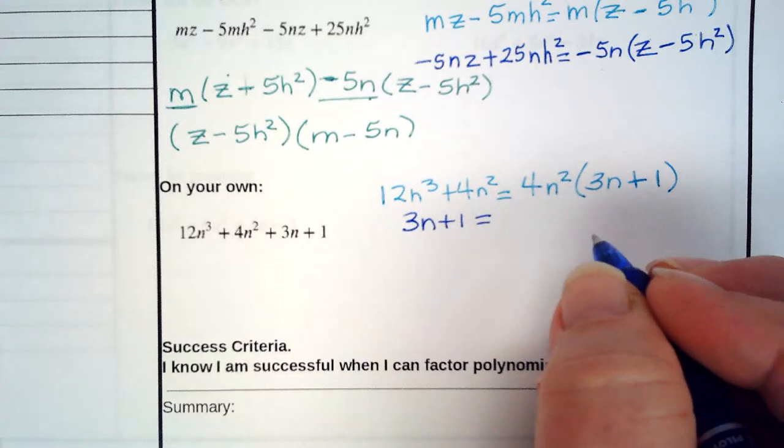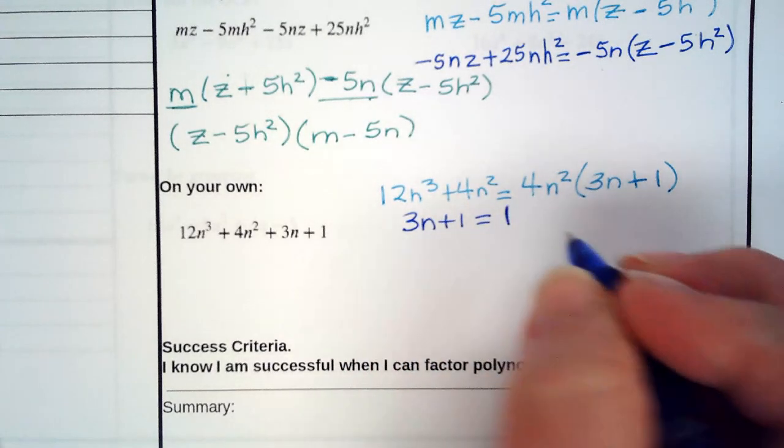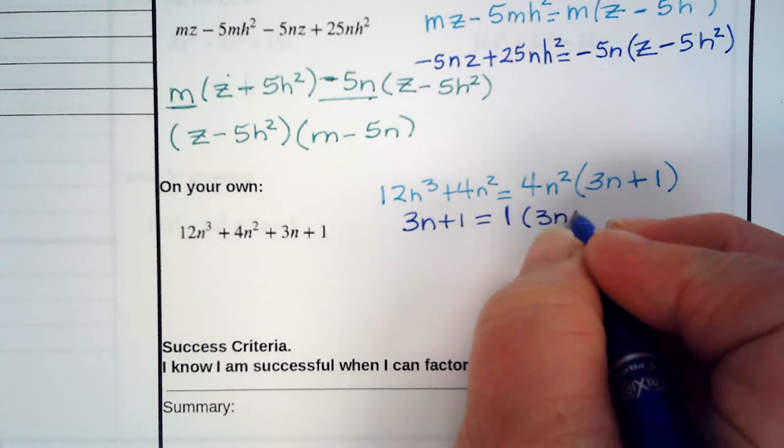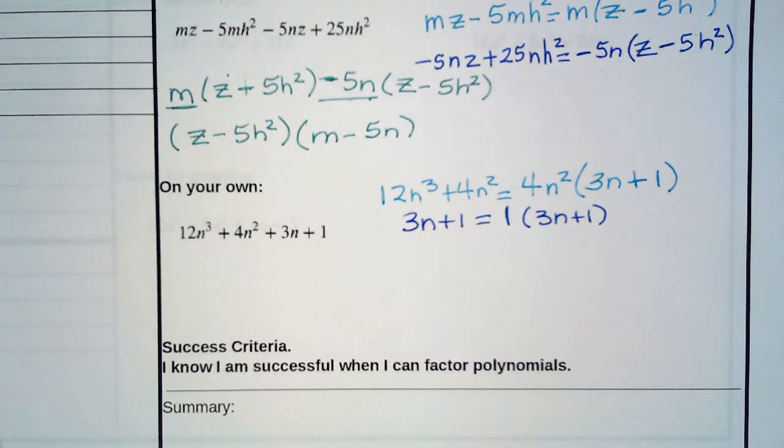Are there any common factors? No. So I can only pull out 1 as their common factor. 3n plus 1.